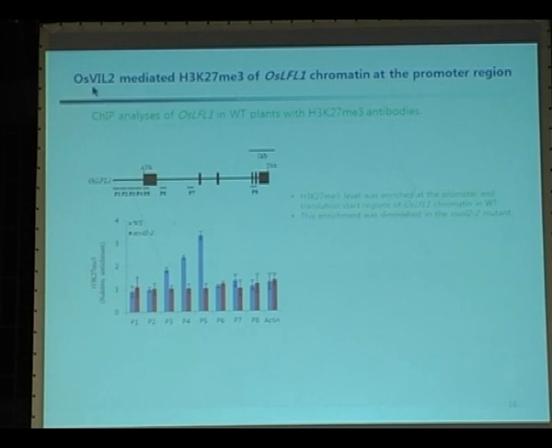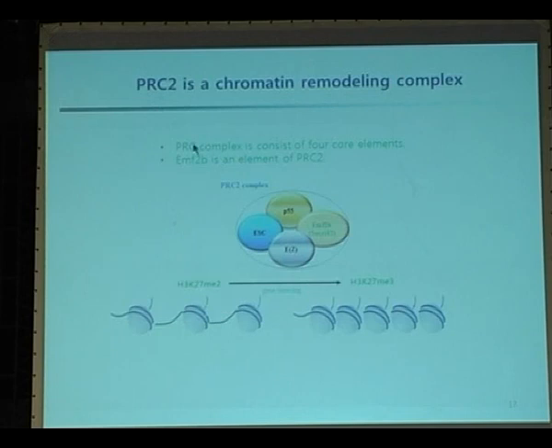Therefore, we think that BIL2 mediates histone 3 lysine 27 trimethylation in this promoter region. But how this functions in chromatin remodeling is a very interesting point.